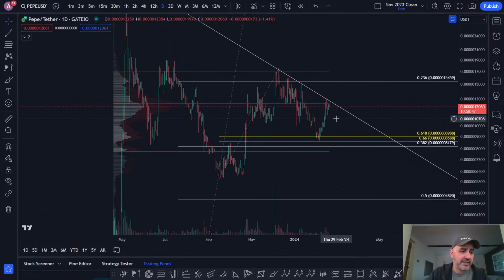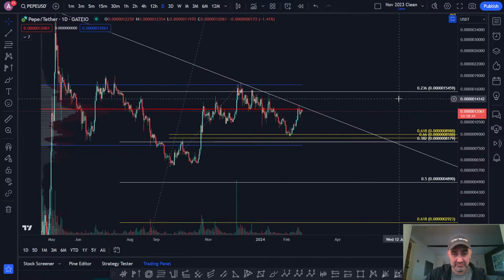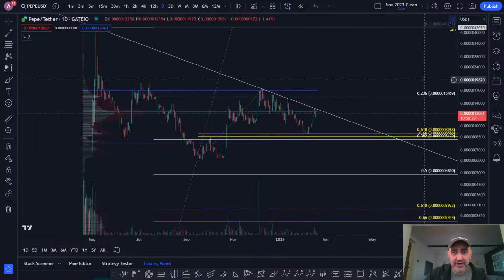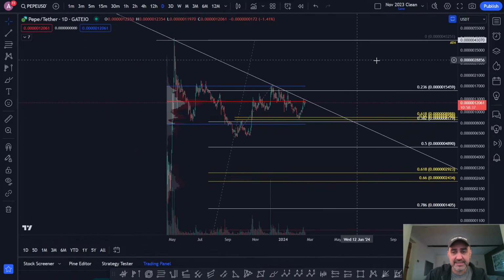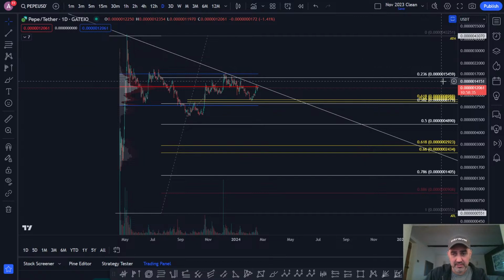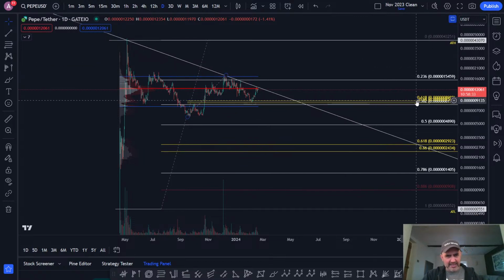I think it's fine. I don't know what else to say. I think we're just in a long-term accumulation range. Eventually the price will break out, and honestly, it doesn't look bad. As a trader, I wouldn't trade this until I saw a breakout, and I think you could just long the breakout.